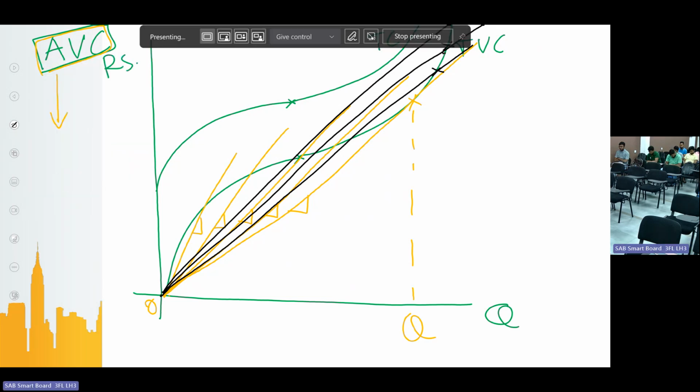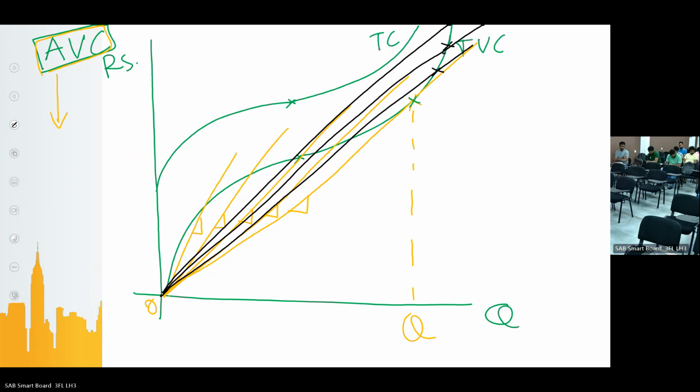What do you see? After reaching this point, this is the last straight line which we can draw where average variable cost is decreasing.